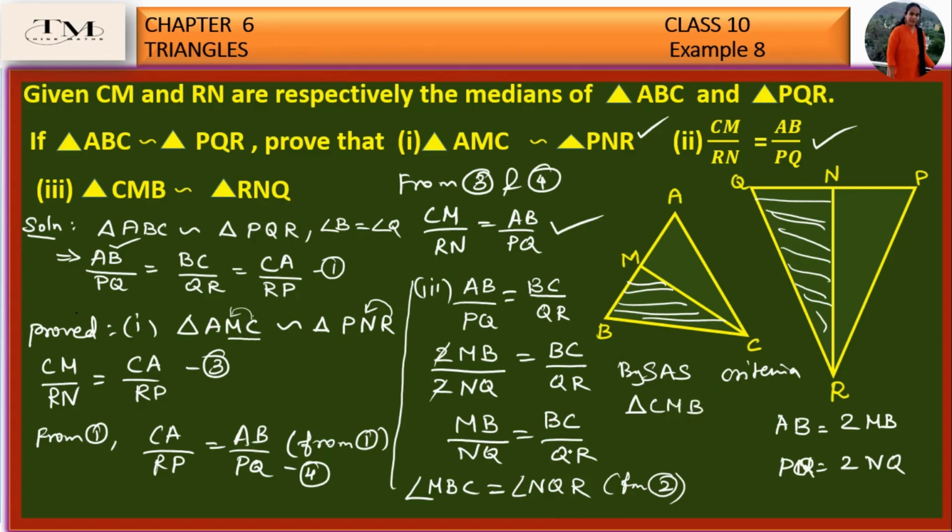For C, its corresponding point is R. So it is similar to triangle R. What is MB? For MB, the corresponding side is NQ. So R, NQ. So triangle CMB is similar to triangle RNQ. So we have proved the third part also.